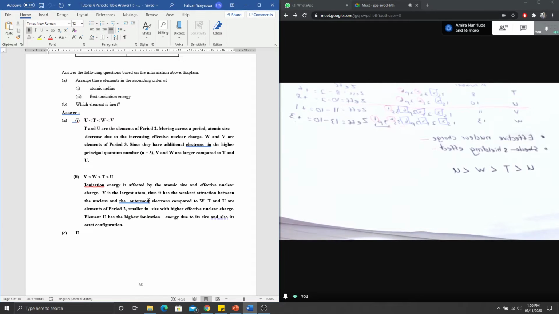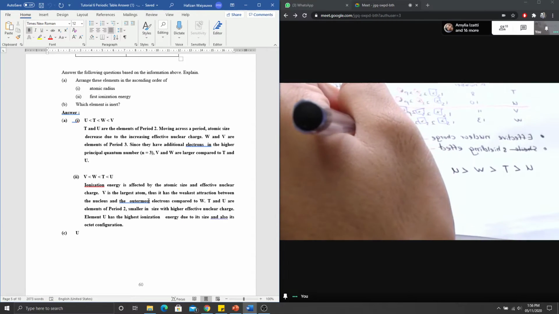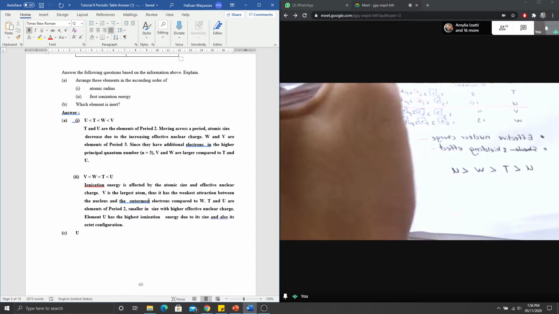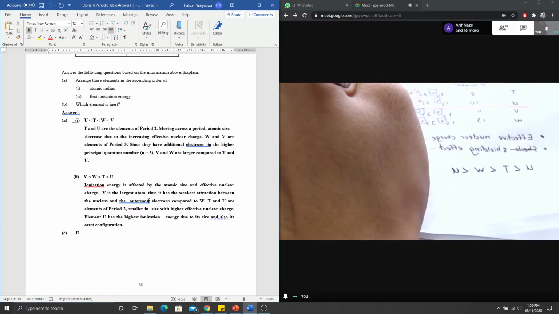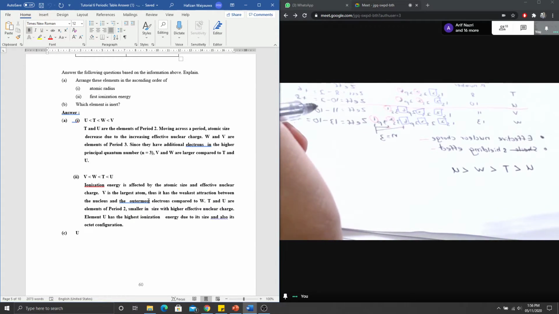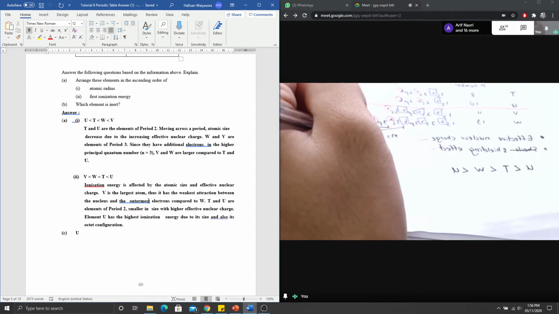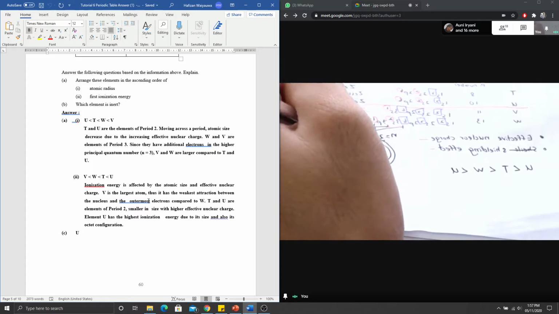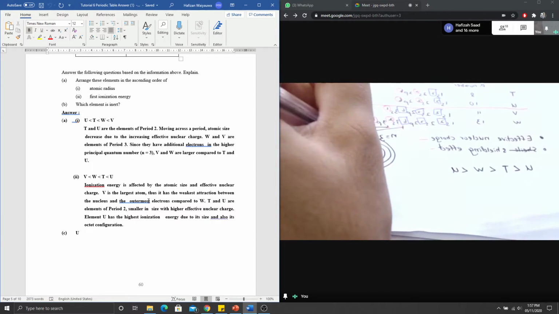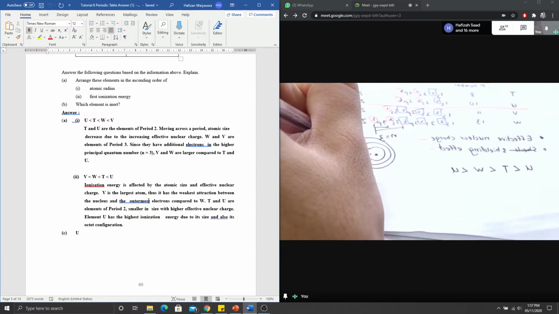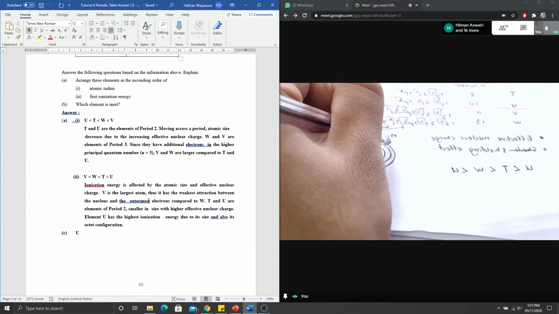Okay, kenapa? Sebab they have the same shell. Shell dia orang adalah N equal to 3. Okay, kalau N equal to 3, dia orang have the generally around the same. N equal 1, 2, 3. They generally will be at the same area lah around the nucleus.